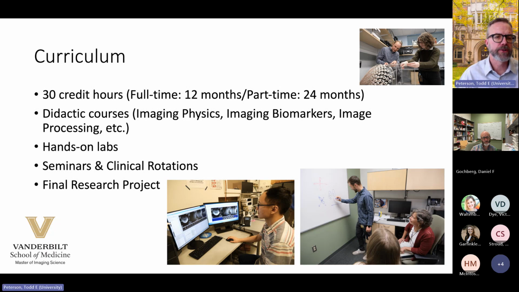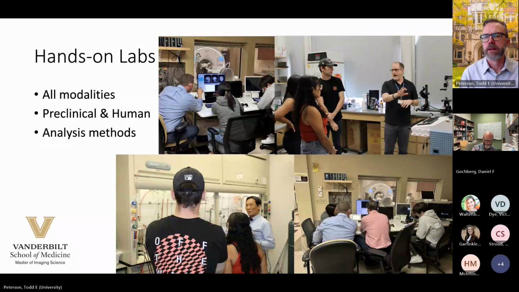Those 30 credit hours are split across a combination of didactic courses and hands-on laboratories. We have seminars that include clinical rotations, and then a final research project. In particular, I think a strength of the program is the hands-on experience that students gain, where they get to operate all the different imaging modalities, both preclinical and in human scanners.